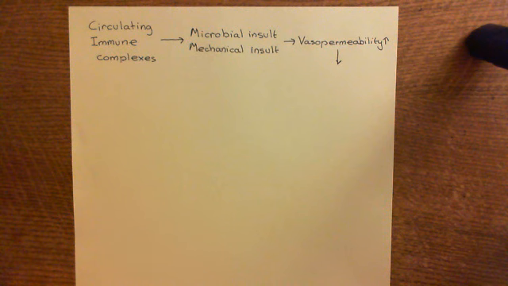The reason for this is not clear, because the sentinel cells are not lining the blood vessels, so they're not seeing the blood, so somehow the immune complexes need to get out of the bloodstream.